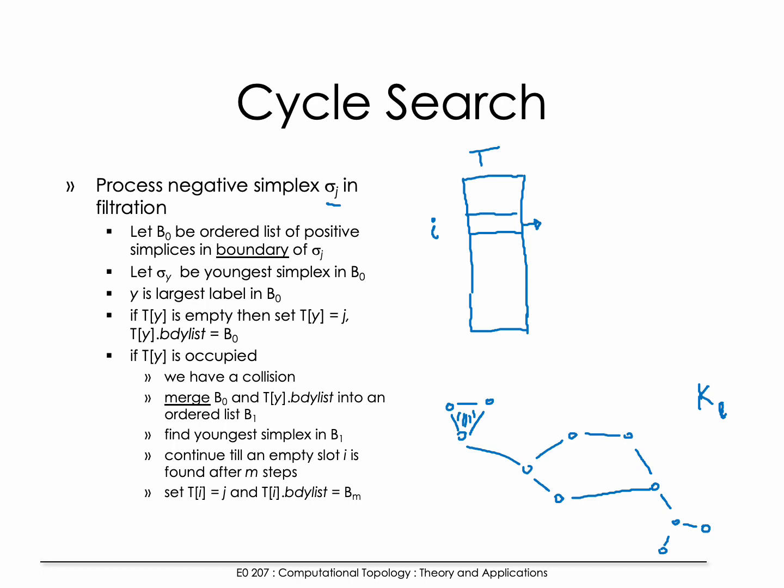So sigma sub j is a triangle, and I want to talk about the sigma sub j that kills the cycle created by the insertion of sigma sub I. So let's say the long edge here is sigma sub I.